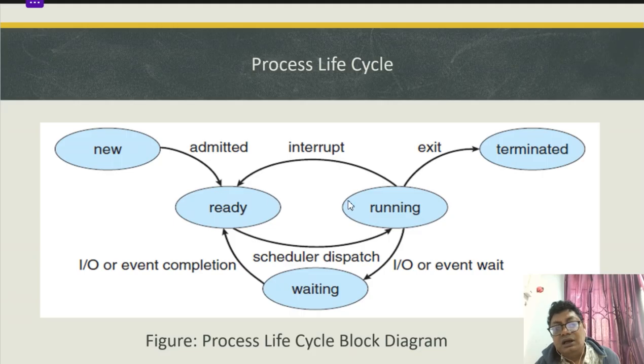And whenever the small job is over, then once again the previous job will be executed in the main memory. Then it is called scheduler dispatch. Scheduler interrupt and scheduler dispatch are basically applicable to preemptive algorithms. That part we will describe later.